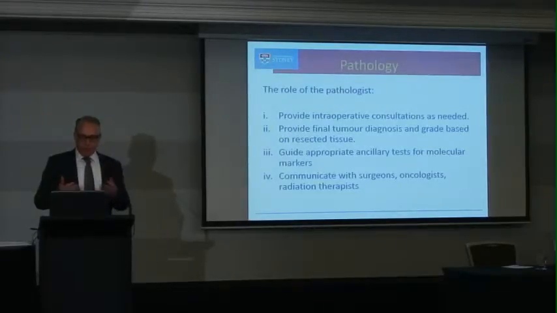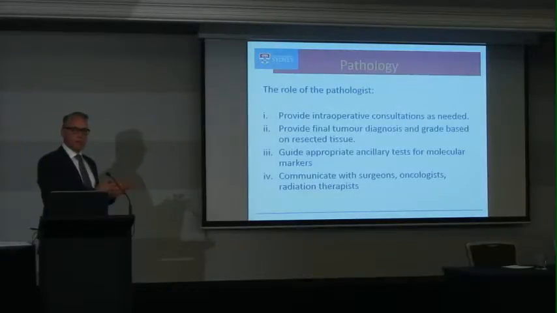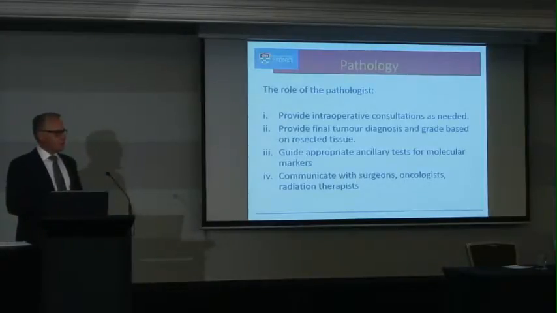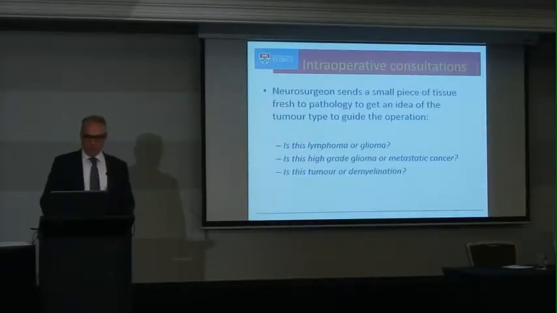And on that fixed tissue, everything that's cut out is sent to us, and then we provide a final diagnosis. And then, based on what we see down the microscope, we then often will recommend or do some of these ancillary molecular tests that I'll talk about as well. And then, of course, an important role is communicating with the surgeons, the oncologists, the radiation therapists, often in multidisciplinary meetings.